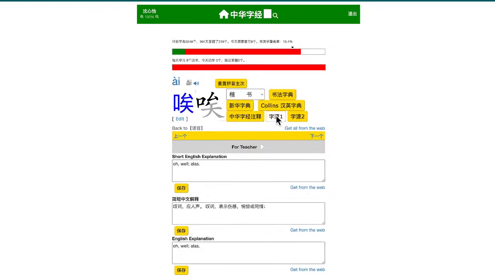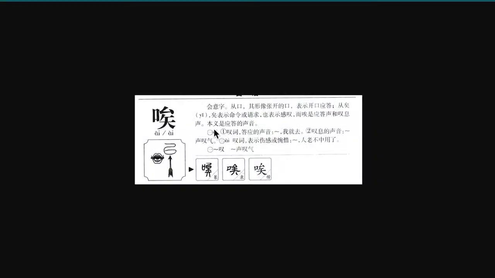So this is 唉. Now let's look at the character. You can see that the right hand side is 矣, okay. 矣 in classic Chinese means order or request, okay.